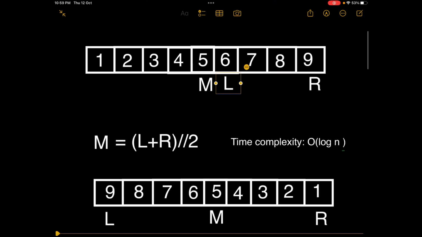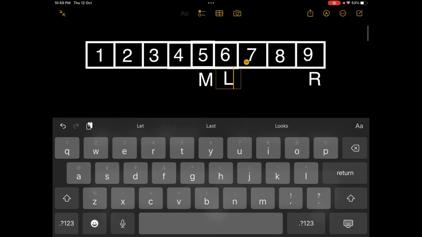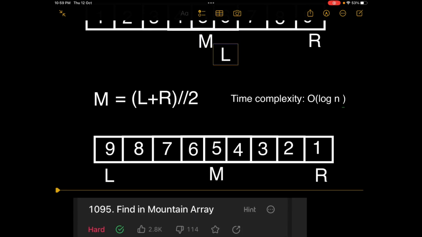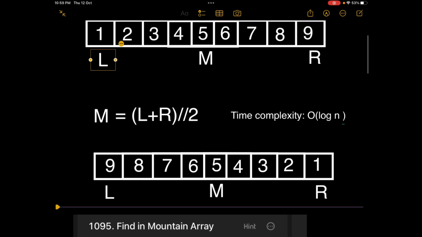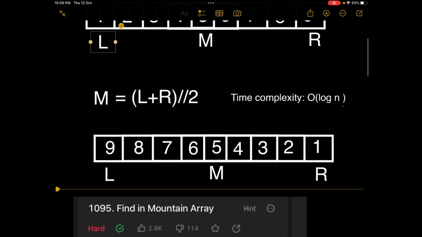So let's go to one of its variations: how we can apply binary search on a reverse array. If we have to find 7 in this array, we will have our right and left pointers. But if we look at the above example, where our array was normally sorted, our L was on 1, but now our L is on 9 and our R is on 1.